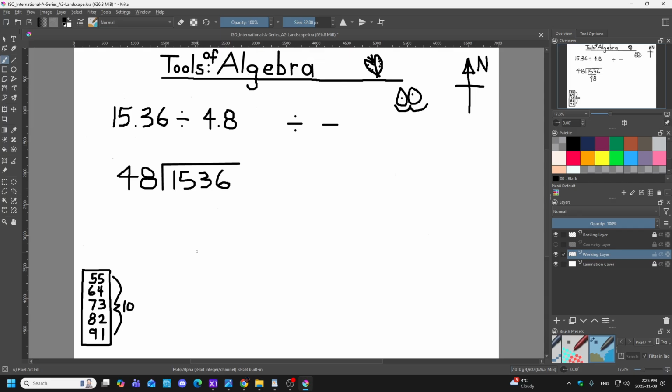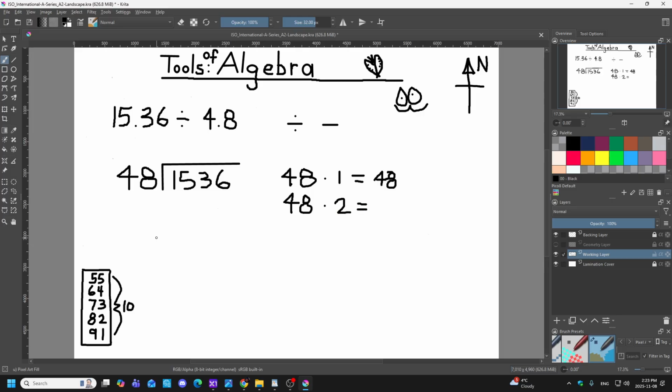Now this is the point where we have to determine how many times we're looking for multiples. 48 times 1 equals 48, correct? We need to get as close as possible to 153 without going over. So we must continue by doing multiples.